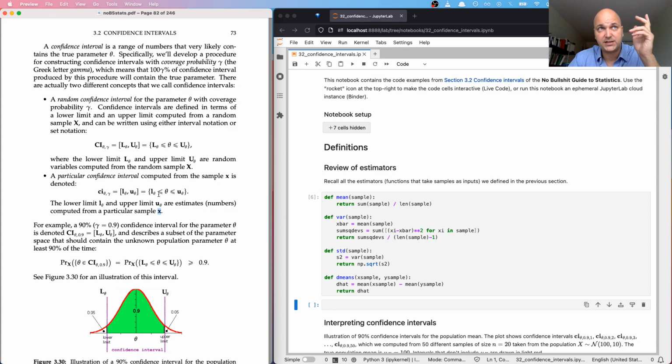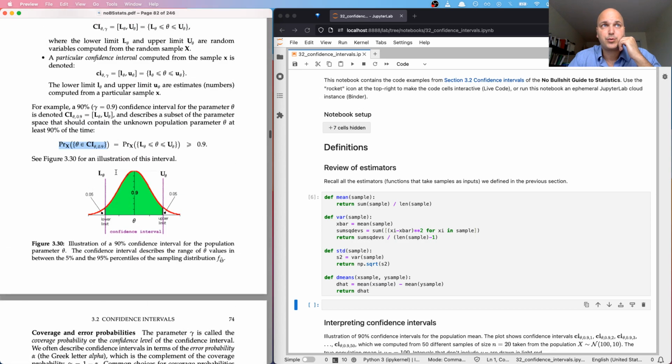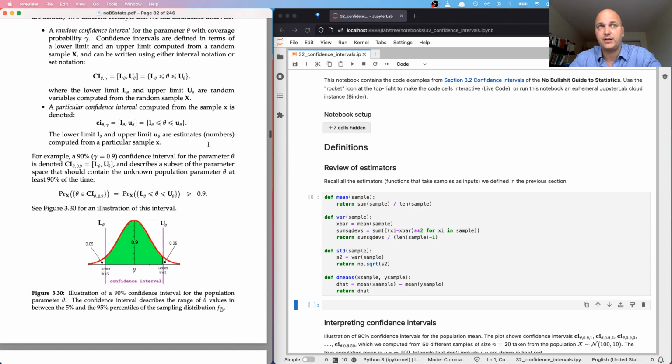The reason why I make this distinction is the probability claims. We're going to make some statement like, this confidence interval works 90% of the time. Here's the specific probability statement: the probability that the true parameter will be inside the confidence interval is 90%.